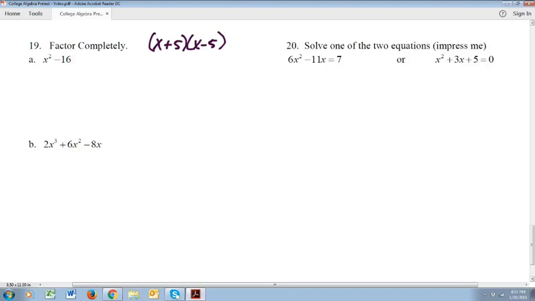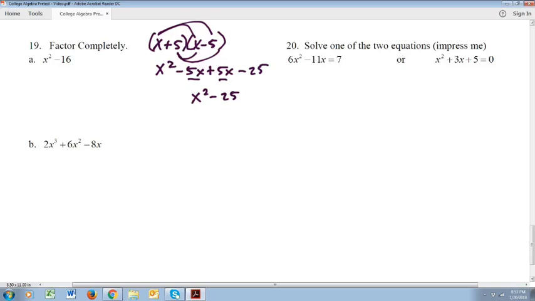What you find when you multiply these types of binomials, when we FOIL, what's always going to happen is our middle 2 terms, our inner and outer products, are going to be opposites. And so we end up with x squared minus 25.